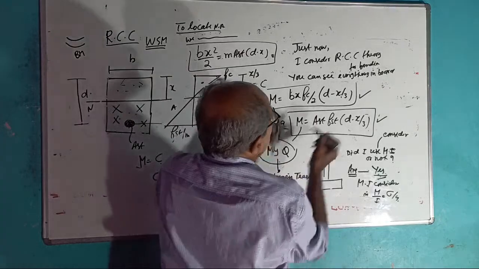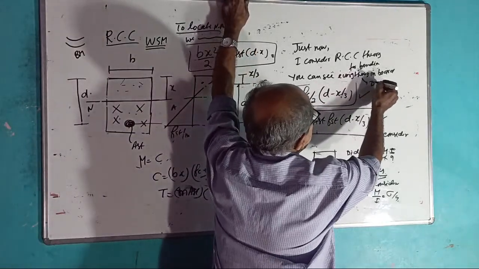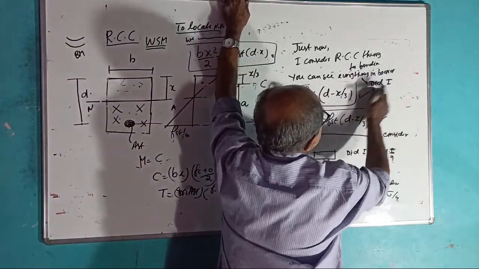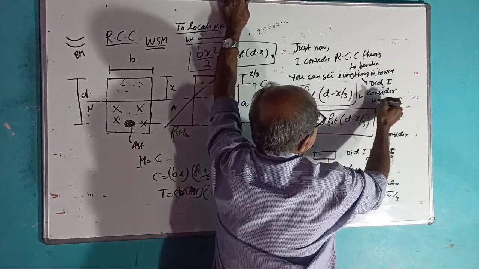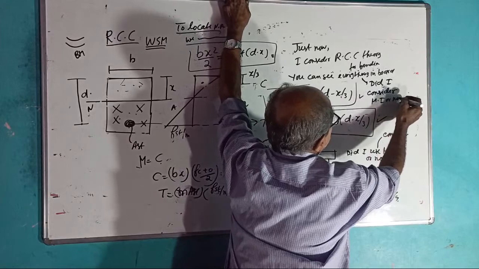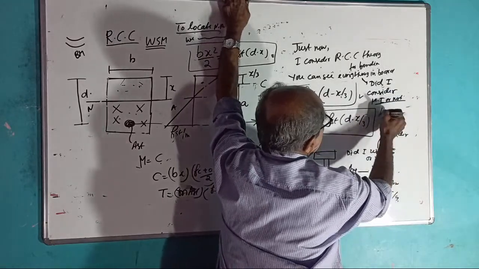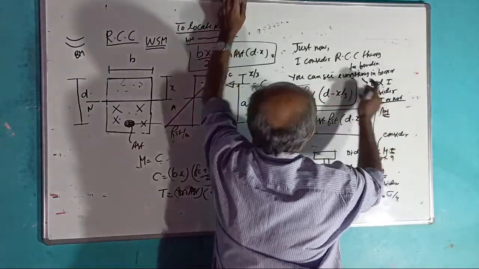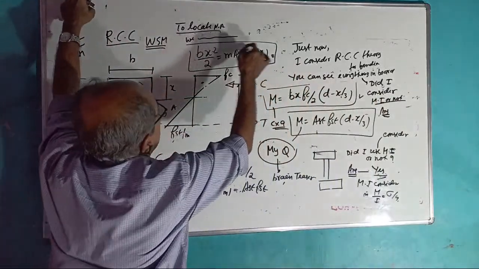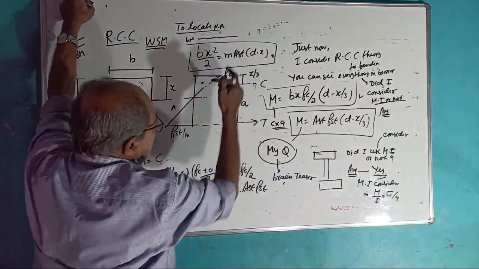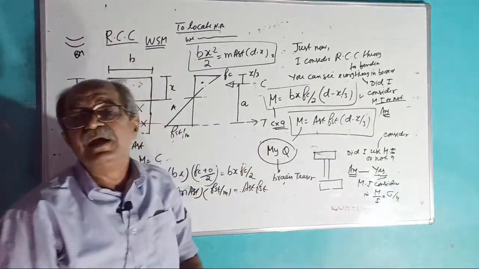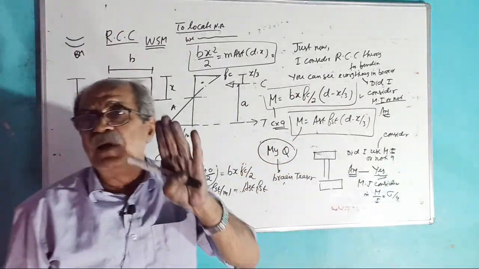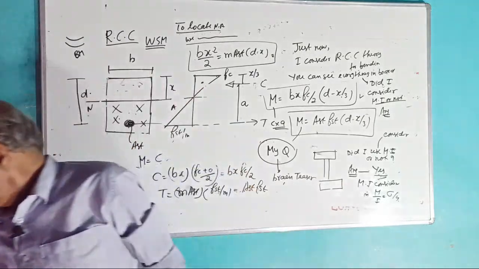Now the question is, did I consider moment of inertia or not? Answer fast. See, I wrote bx square by 2 etc. CG is located there, and this equation is for MR, or resisting moment. Did I consider moment of inertia or not?